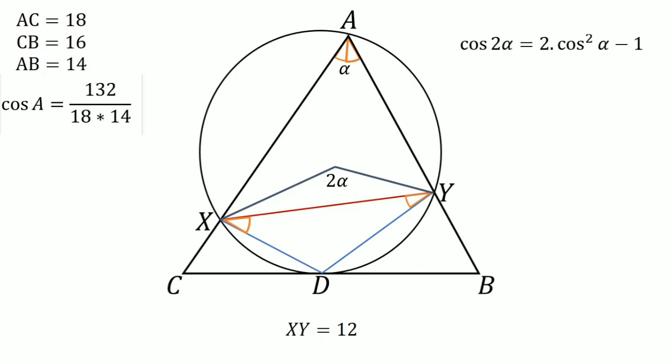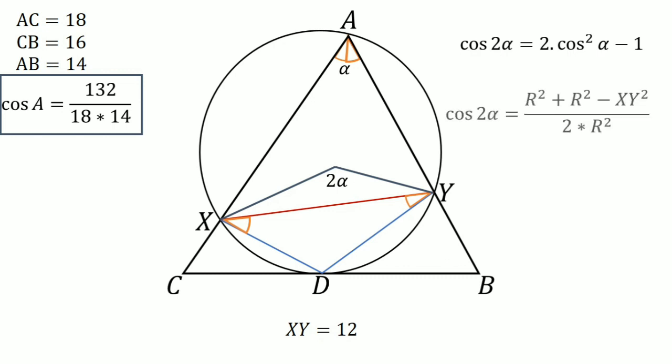So by using cosine of A, we can easily find the value of cosine of 2 alpha, and by using the cosine law in the triangle with X, Y and the center of the circle, we can say cosine of 2 alpha is equal to r squared plus r squared minus XY squared, divided by 2 times r squared, and we already found XY is equal to 12, so we can easily find the radius of the circle.